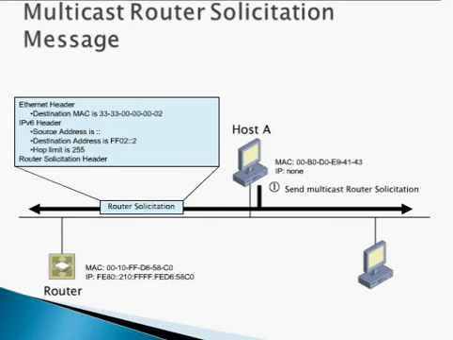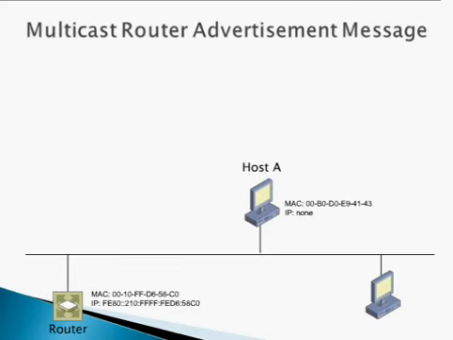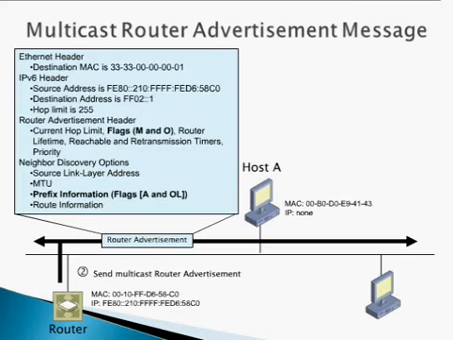So it sends it out to FF02::2, which is specifically defined link local scope all routers multicast address. All the routers are listening on that address, and they send back a corresponding, in this case, since host A has not yet configured its own link local address, the response is also multicast, so multicast router advertisement.